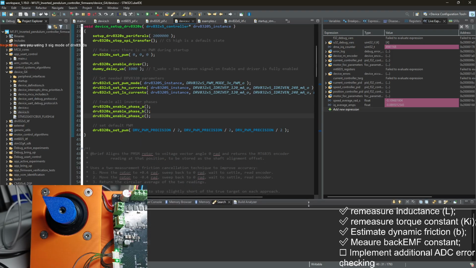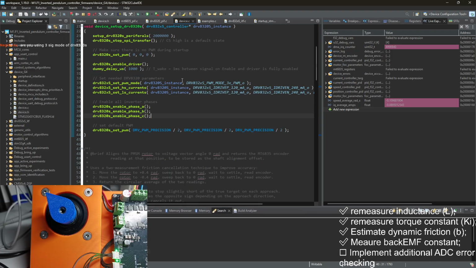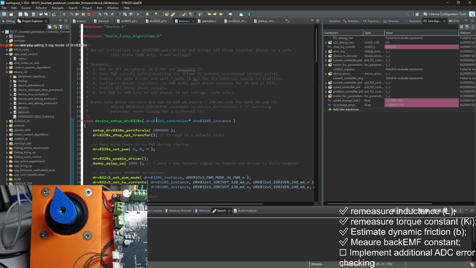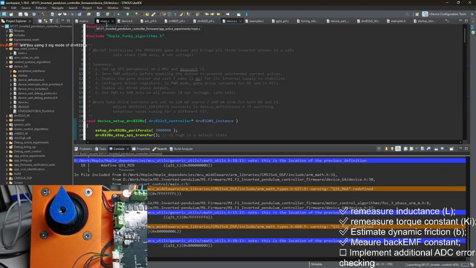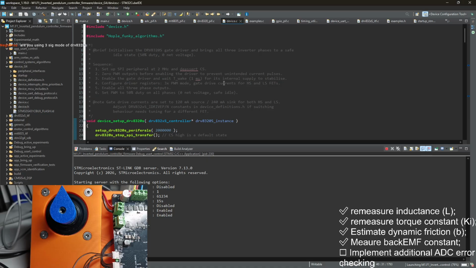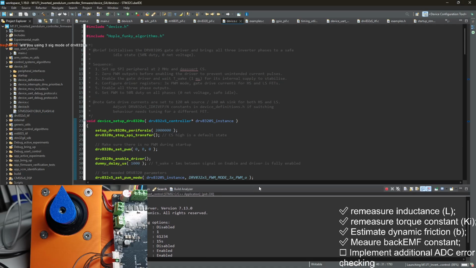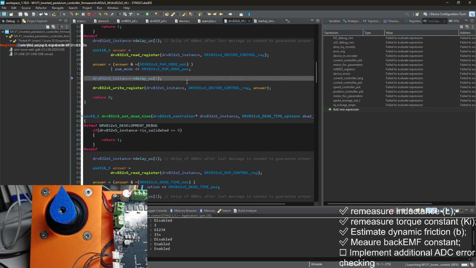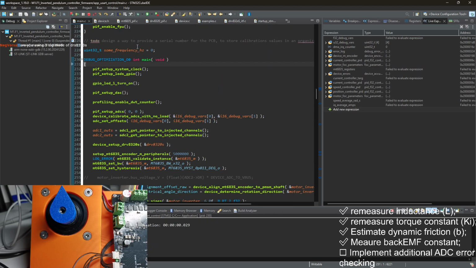And now to our task, and our task is to implement a safeguard for ADC setup. What have I done? Dun, dun, dun.